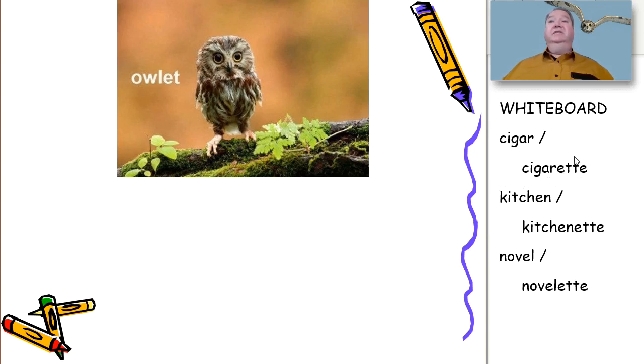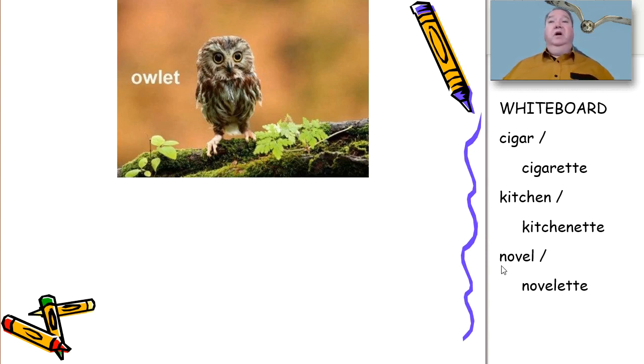So "et" here is like smaller. Or, for example, at home you may have a kitchen, but if you go to a hotel where they have a small kitchen in your room or in your suite, they might just call that a kitchenette. It's not a full-size kitchen, but a kitchenette.